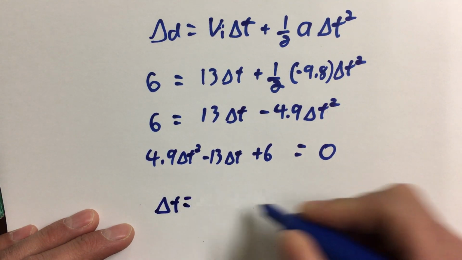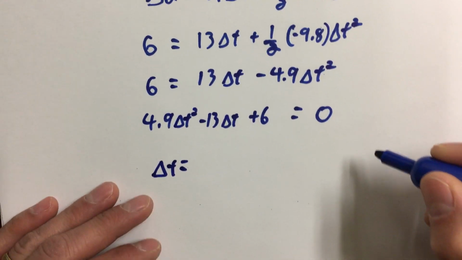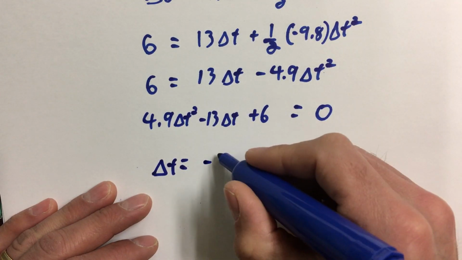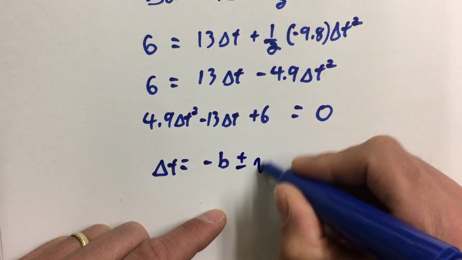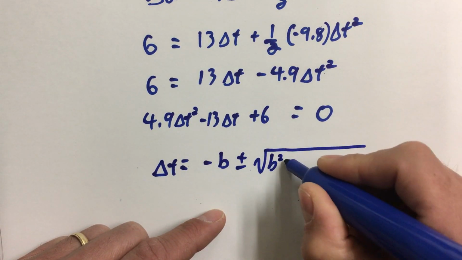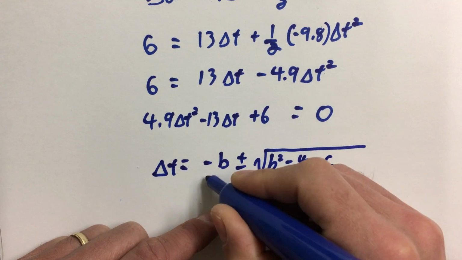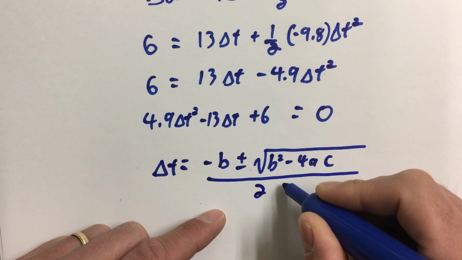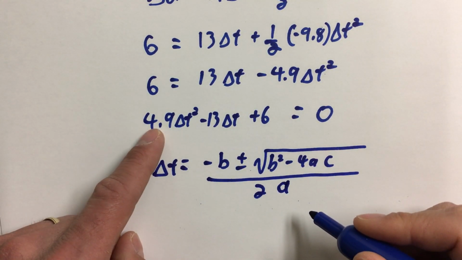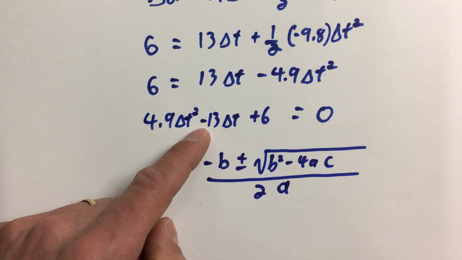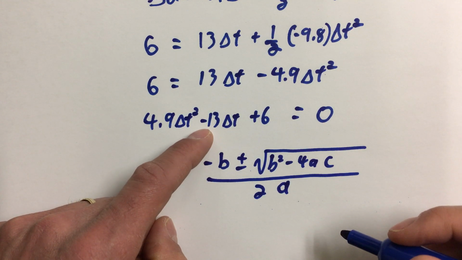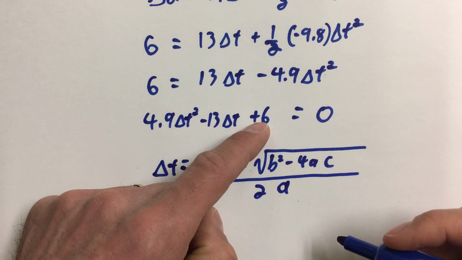And I'll write it out here in case you've forgotten it. It is negative b, where b is this coefficient here, plus or minus the square root of b squared minus 4 times a times c, all over 2 times a. So remember, a is 4.9 in this equation, b is negative, and don't forget the negative, b is negative 13, and c is 6.